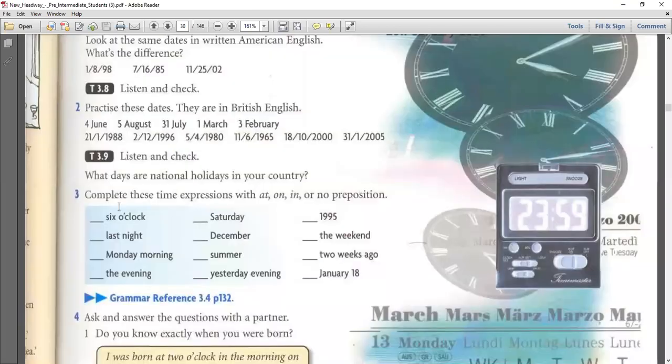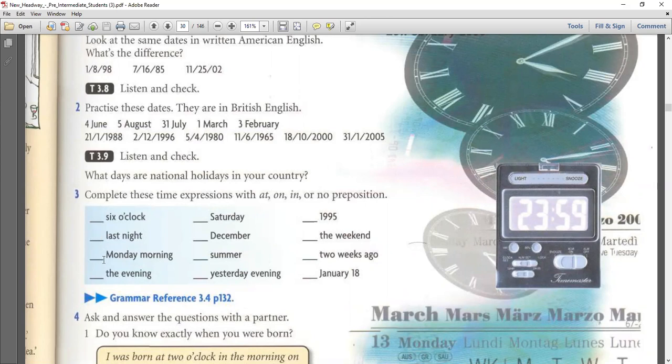So this exercise is related to prepositions with time expressions. Complete these time expressions with at, on, in, or no preposition. 6 o'clock: at 6 o'clock. Last night: no preposition.